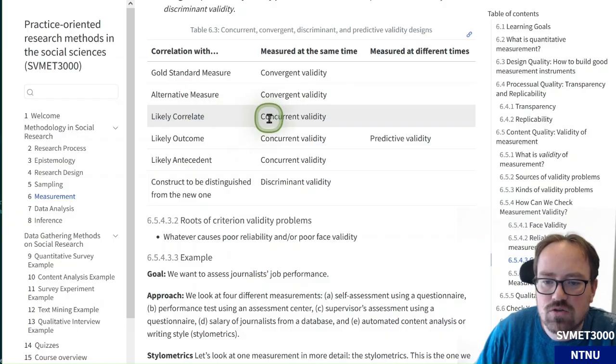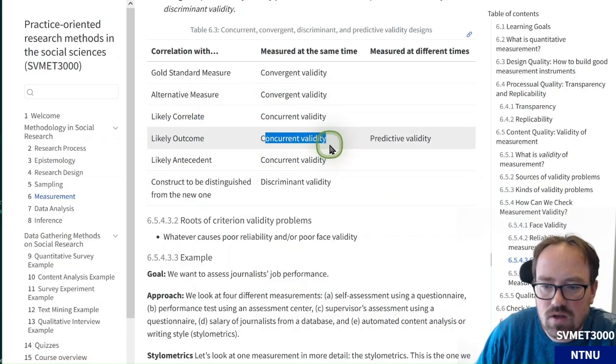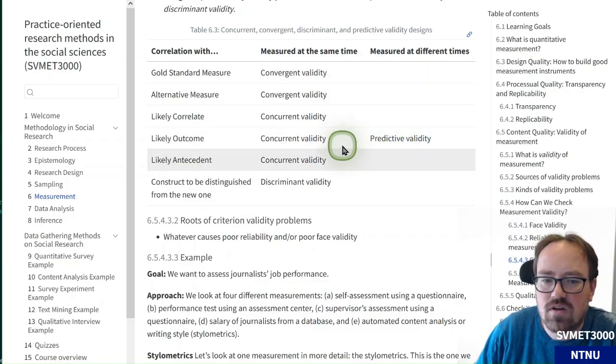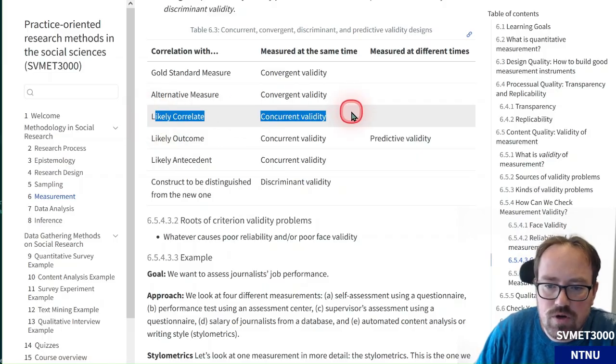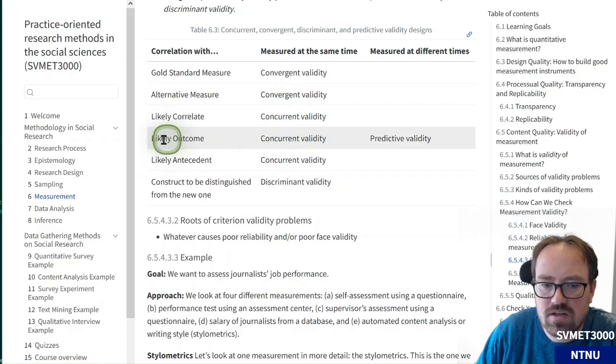We call this concurrent validity if it occurs at the same time, or predictive validity if first comes the measurement of our concept and then we measure a likely outcome at a later time. Right? So if we don't know the causal direction, we call it concurrent validity.